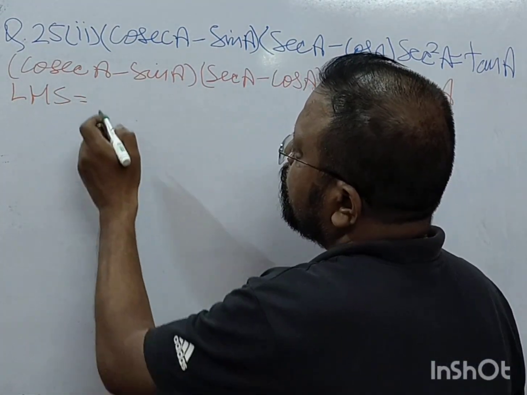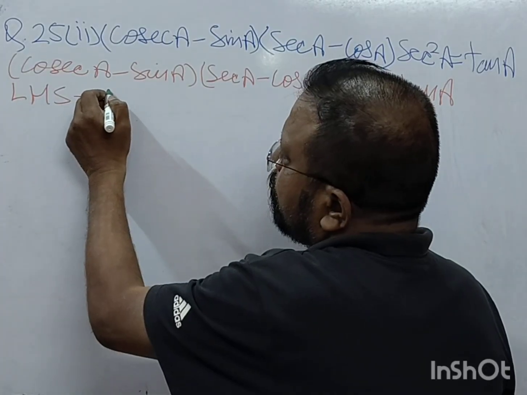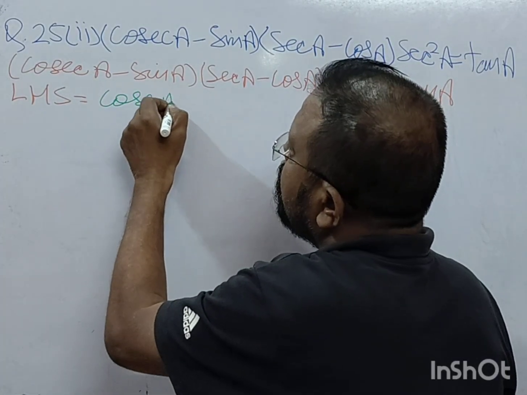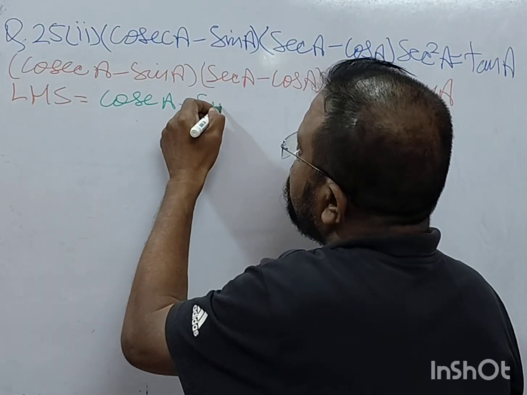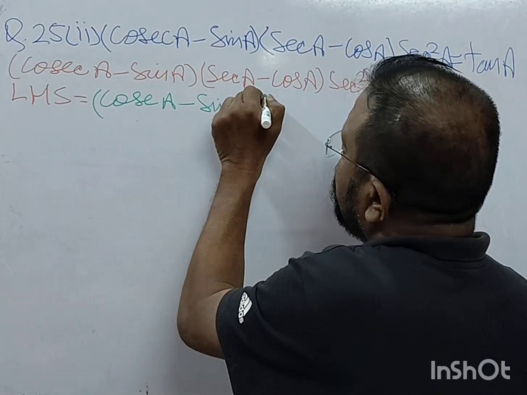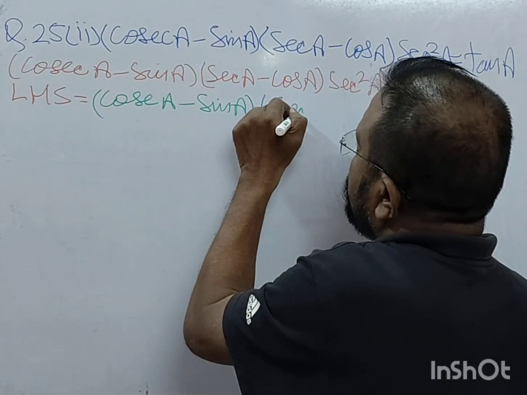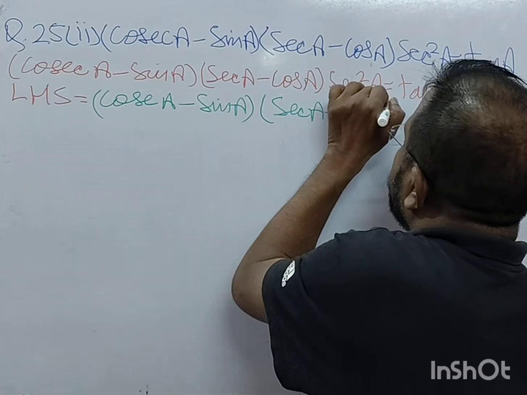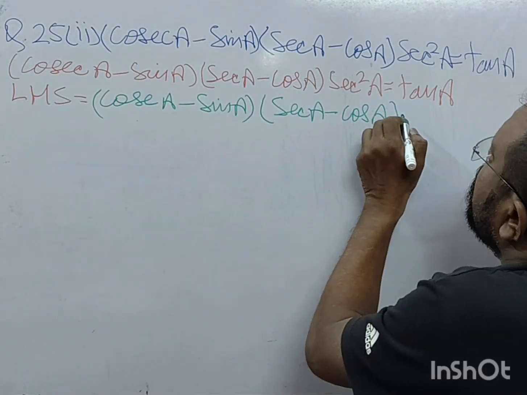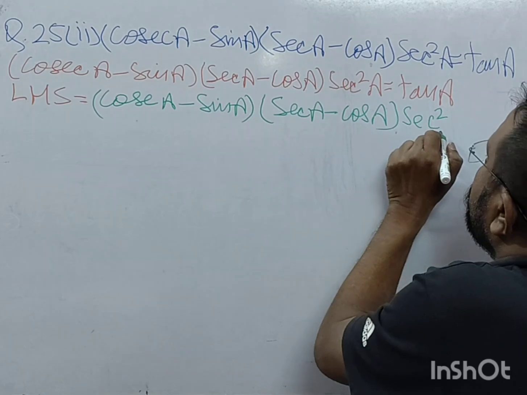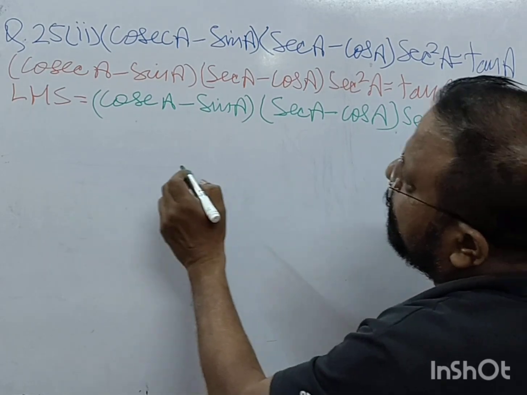LHS is cosec A minus sin A, bracket sec A minus cos A, and that is sec square A.